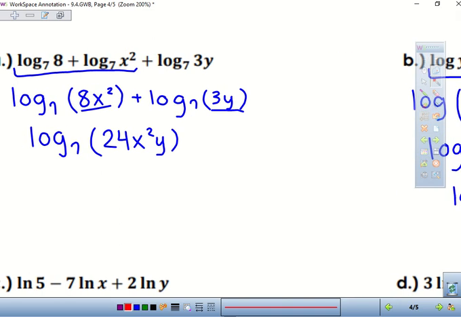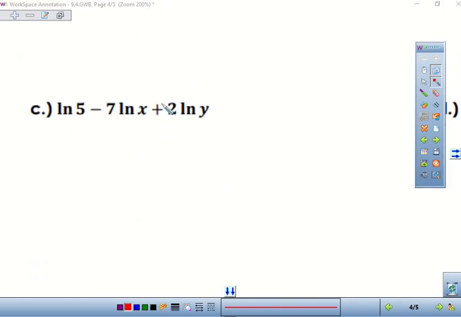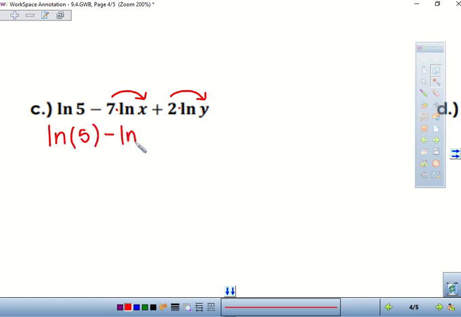All right. Letter C. So before I start combining any of these, I notice that I have some numbers out front that I have to deal with first. So how can I move those numbers out front? They're going to become exponents again, right? So these are ln of 5 minus ln of x to the 7th plus ln of y to the 2nd.